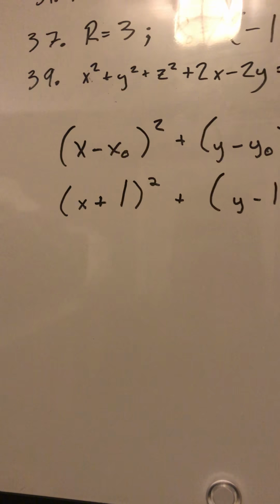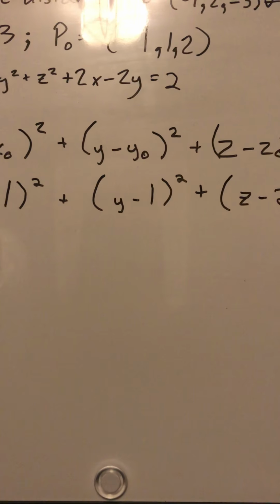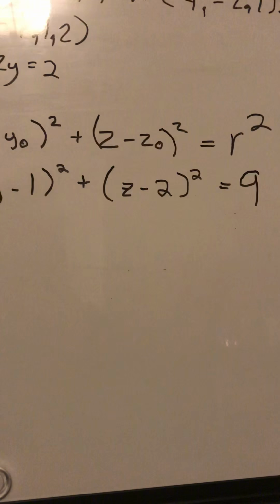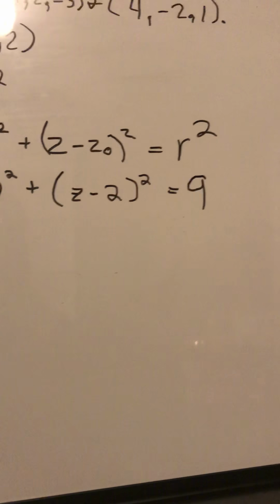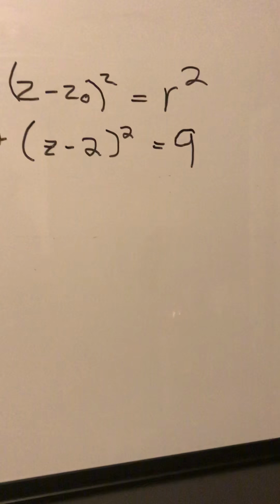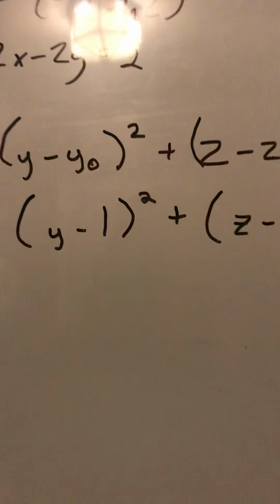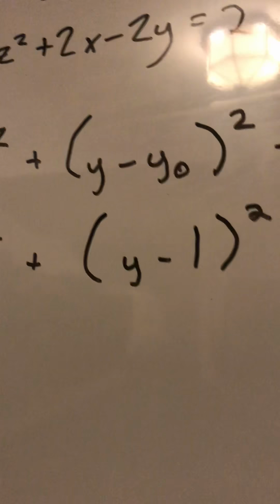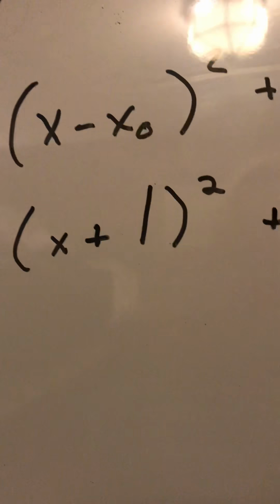So the answer is (x plus 1) squared plus (y minus 1) squared plus (z minus 2) squared equals 9. Pretty much this section was very simple. This is just kind of a, hey, this is what we did this section type of video.